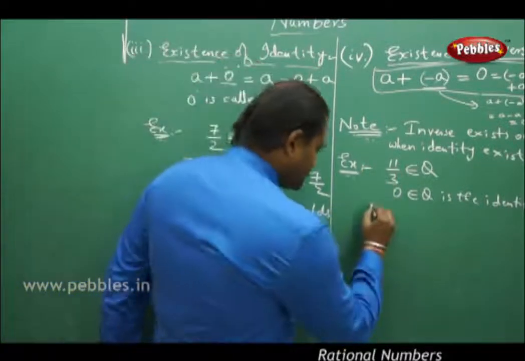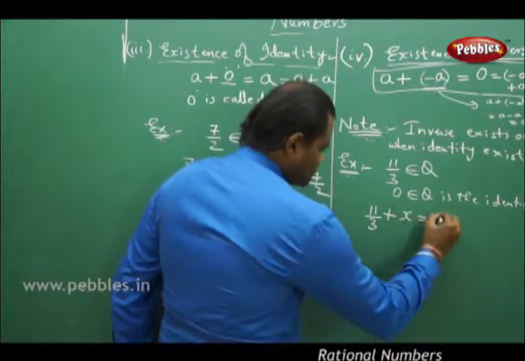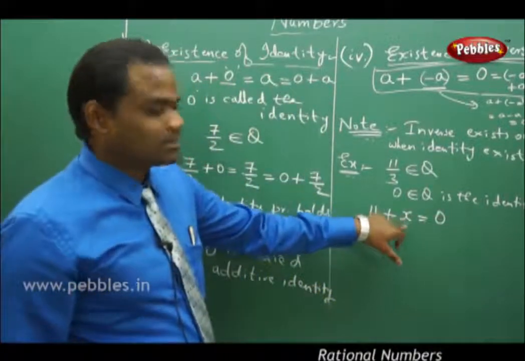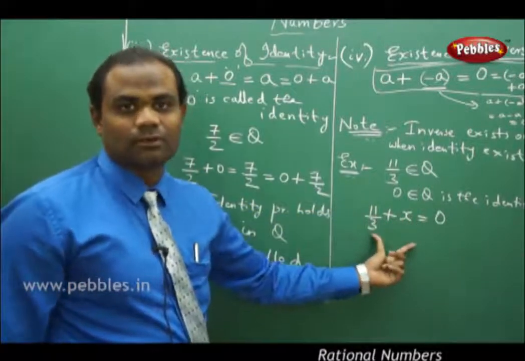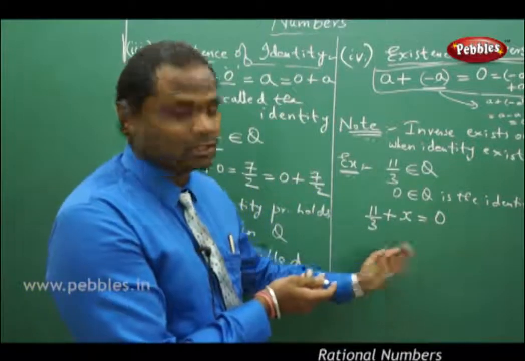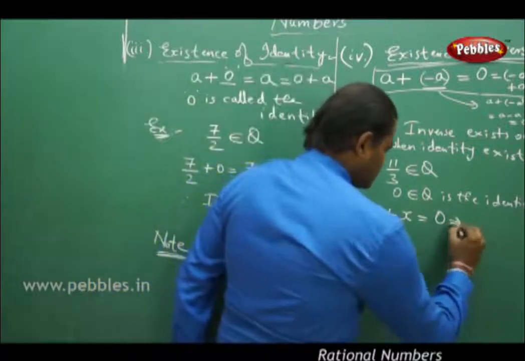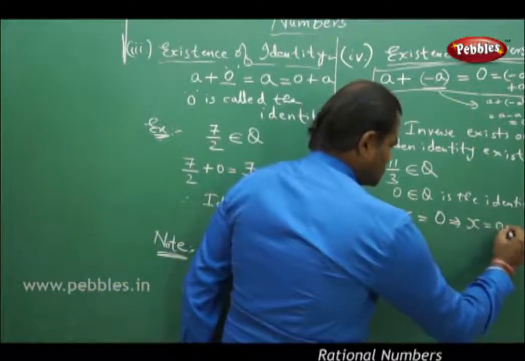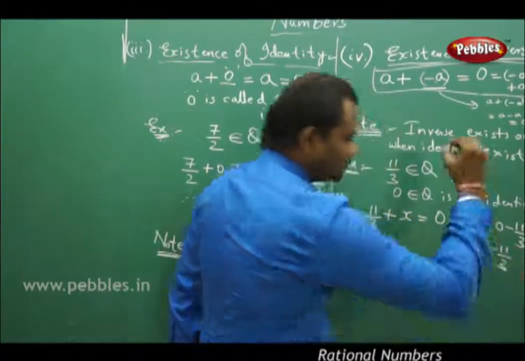So 11/3 plus something should give me 0. I have to find that something which gives me 0 when 11/3 is added to that unknown. This is a mathematical equation which can be solved by taking 11 by 3 to the right. So this gives x equals 0 minus 11 by 3, which is negative 11 over 3.